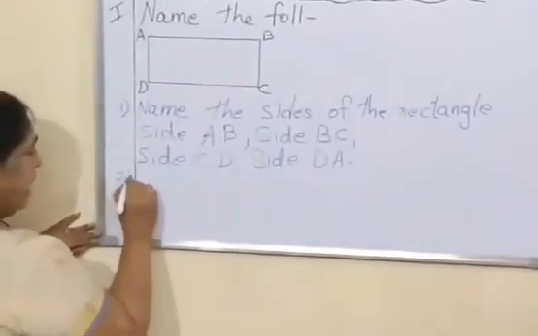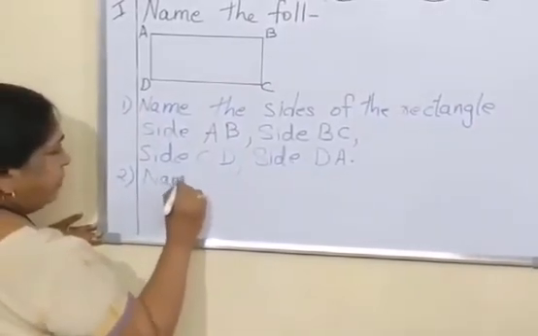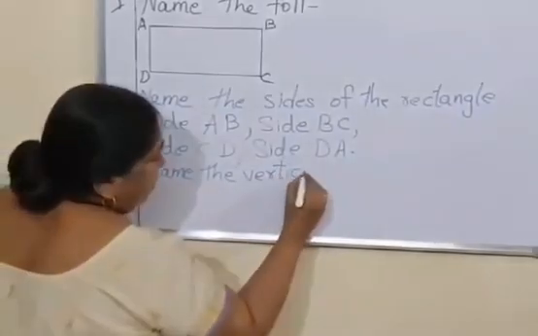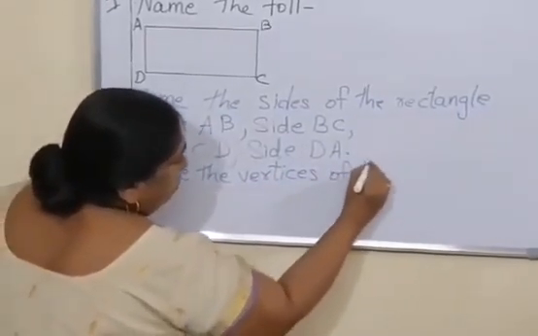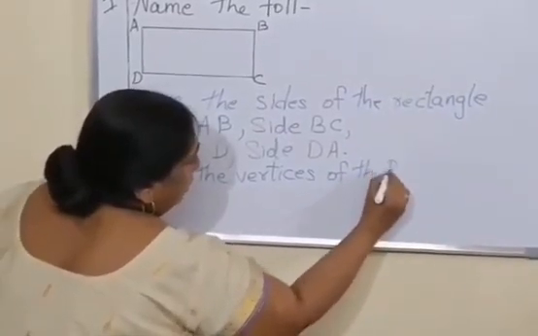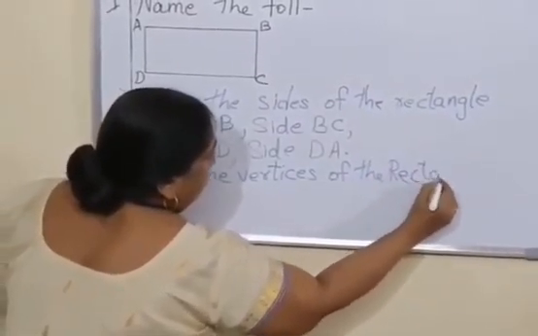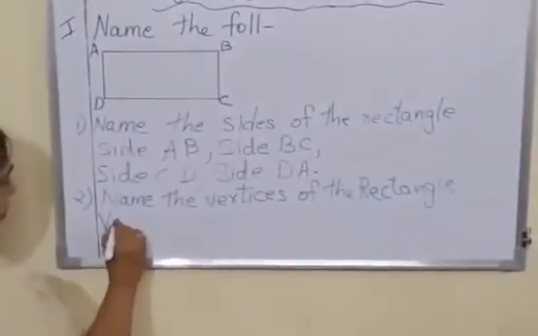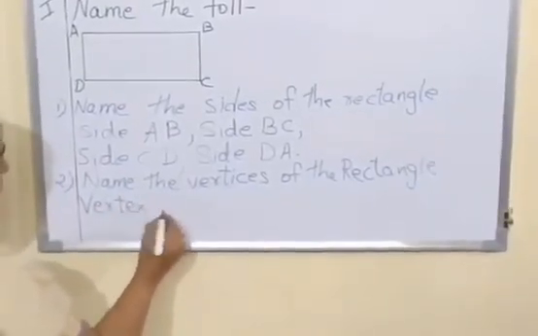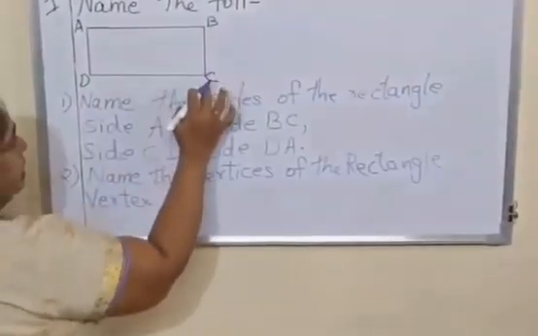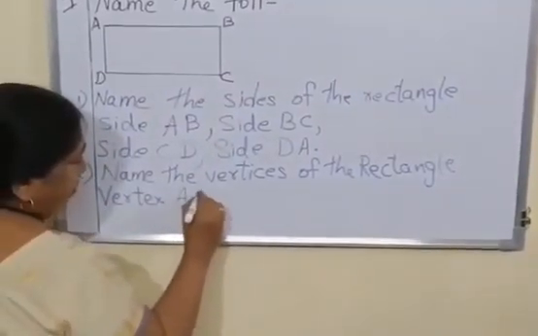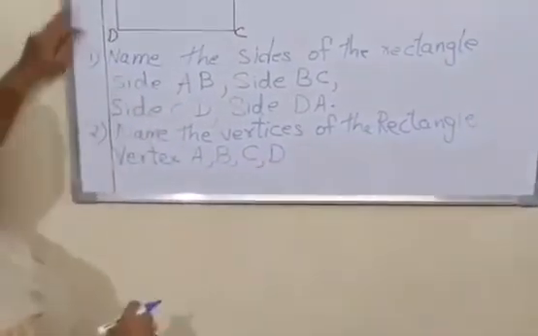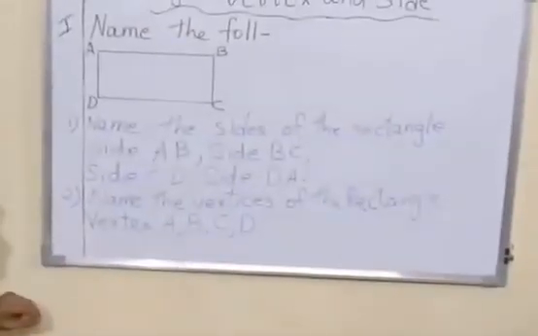The second question is name the vertices of the rectangle. Which are the vertices now? Vertex will be A, B, C, D. So we write A, comma, B, comma, C, comma, D. So this you are going to write in your maths long book.